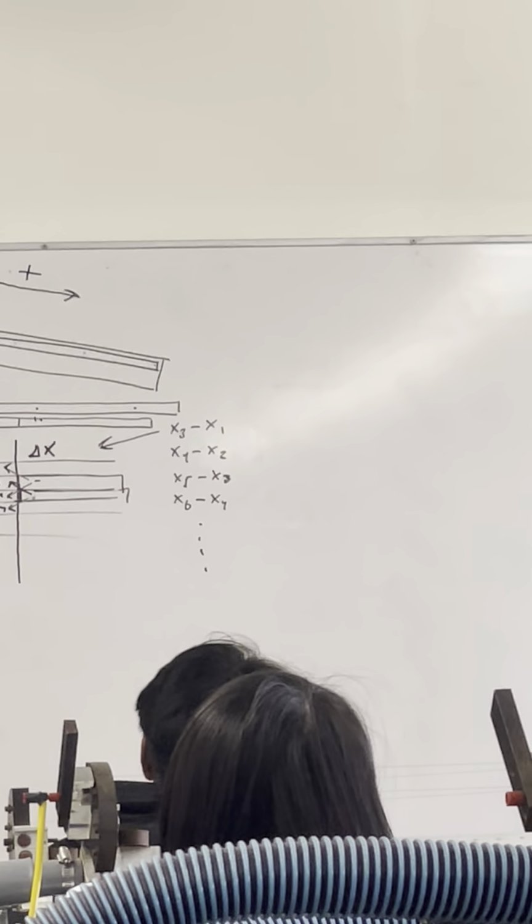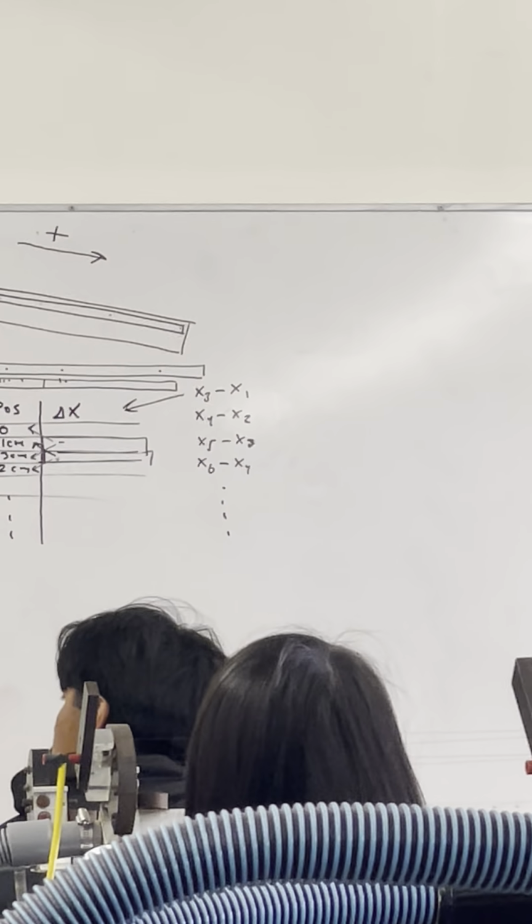So this table of data is x3 minus x1, then x4 minus x2, then x5 minus x3, then x6 minus x4, etc. That's what goes in there. So those are your displacements.